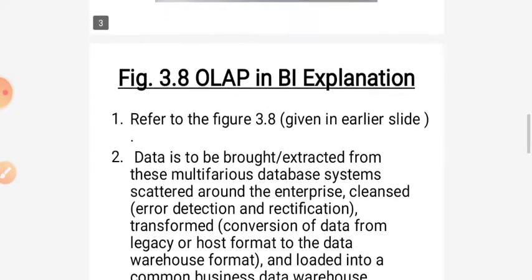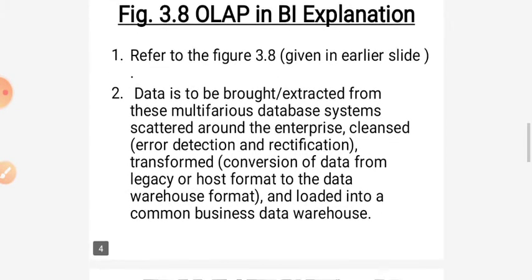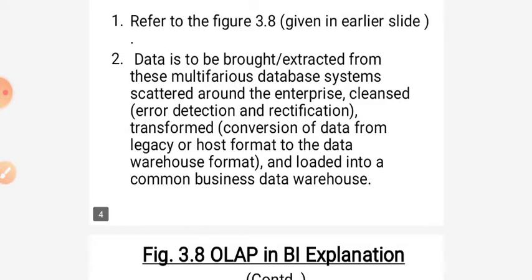Now referring to this figure, data is brought or extracted from these multifarious database systems scattered around the enterprise. So wherever there is data transaction taking place, from there data is brought into the database, and then it is cleansed, that is error detection and rectification takes place. Further it is transformed. What do you mean by transform?